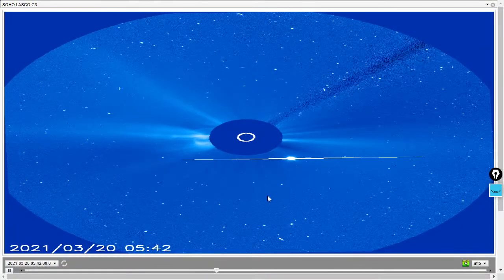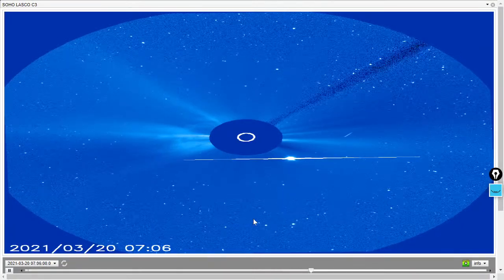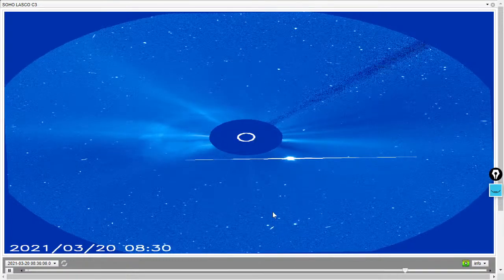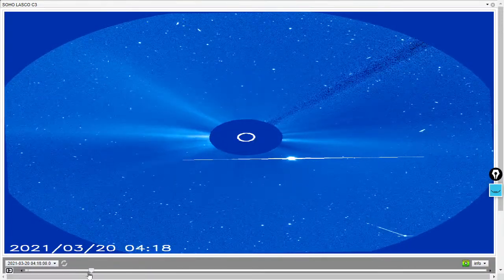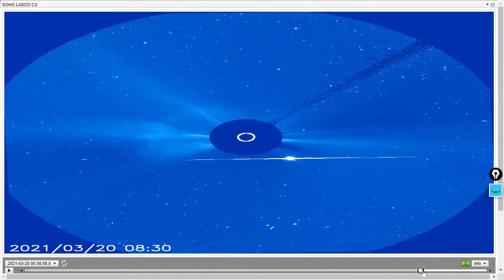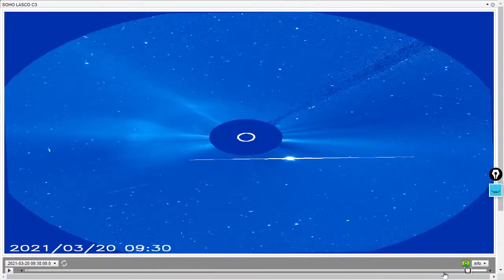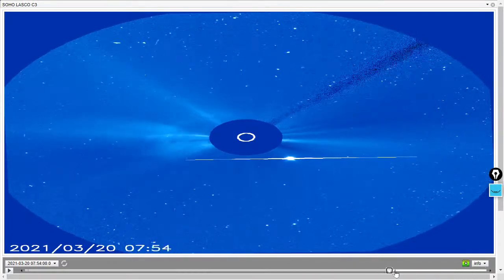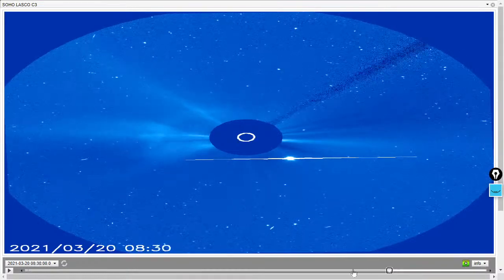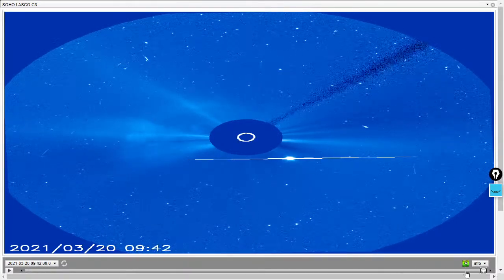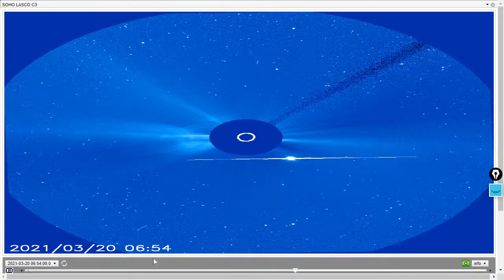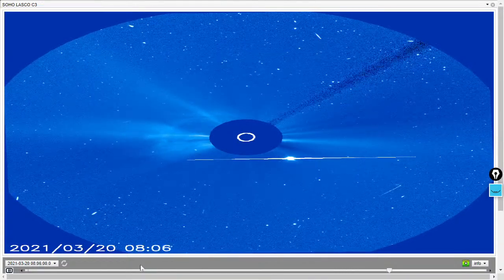Here's the LASCO C3. This may show us more. It may show us less. Pretty decent view there. I would still say this is most likely to miss to the east, but again, this may not be done ejecting yet. So we'll have to probably make a second video about this later today.